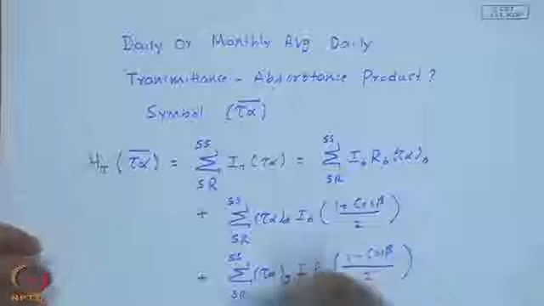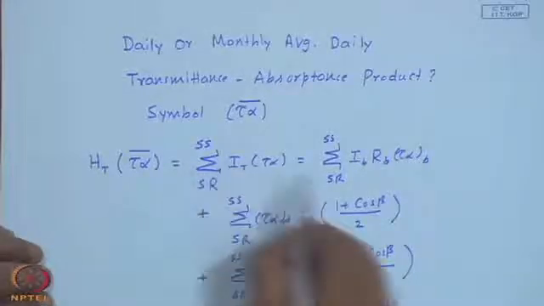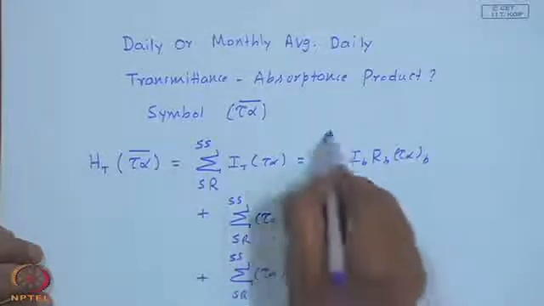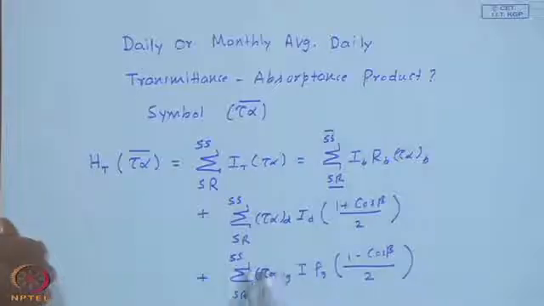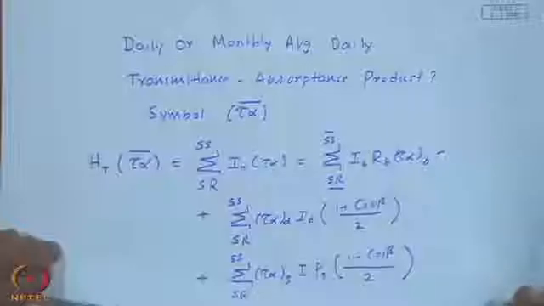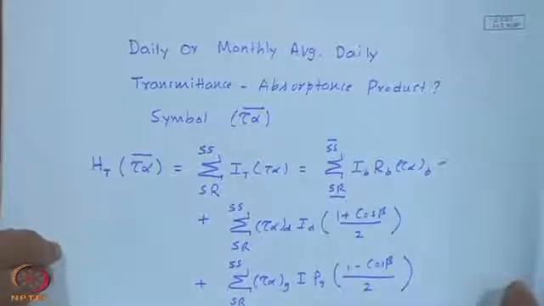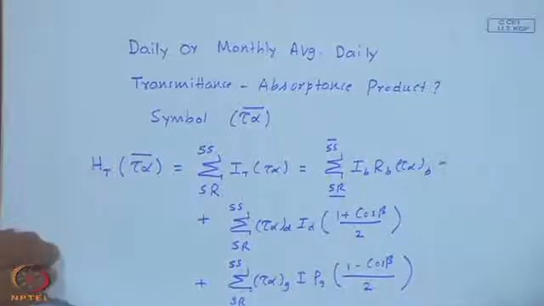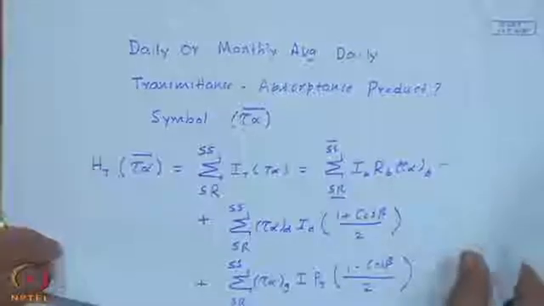So, you will notice in all these summations, I am only categorically stating sunrise to sunset. Now, we know that this will be for the apparent sunrise to sunset, whereas these two components will be from physical sunrise to sunset. Nevertheless, in general we can write them as SR and SS.